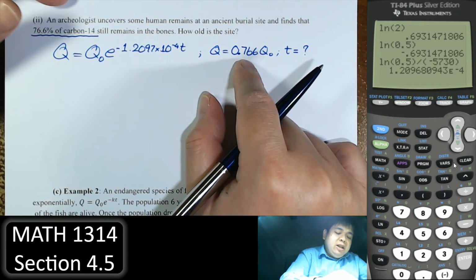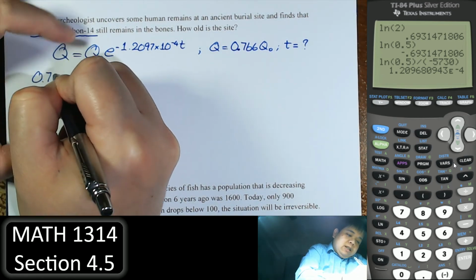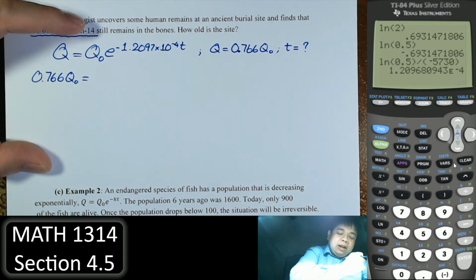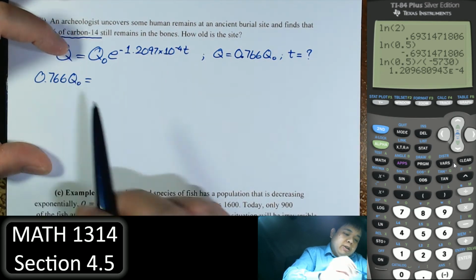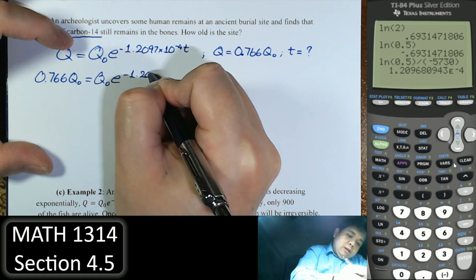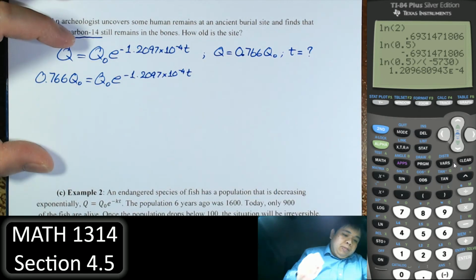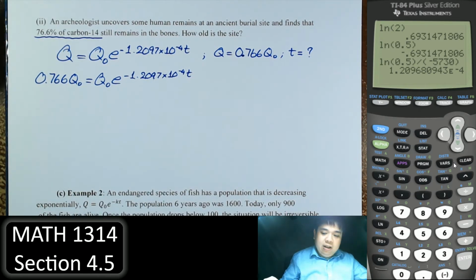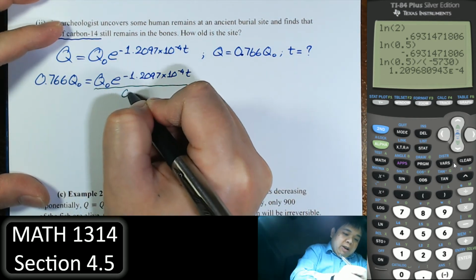So this will be simple. We're going to put in 0.766 Q naught for the future value, which is equal to 0.766 of the initial value. And I should just keep this as k. Right? So to get rid of Q naught, divide that on both sides.